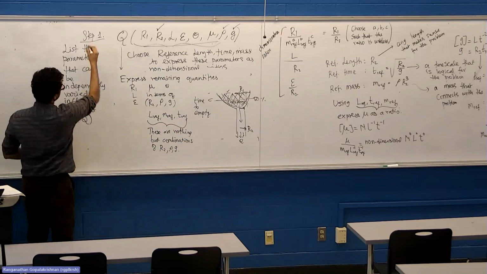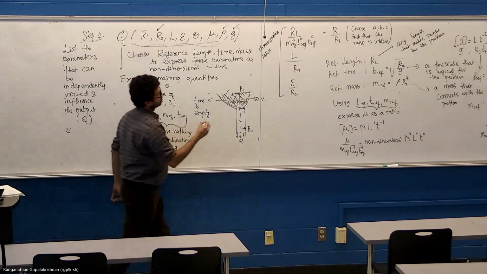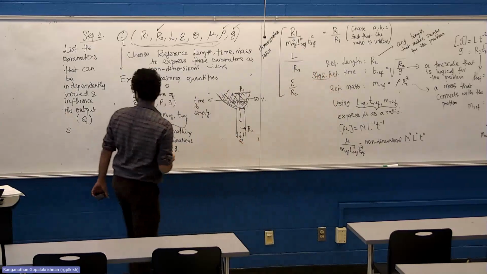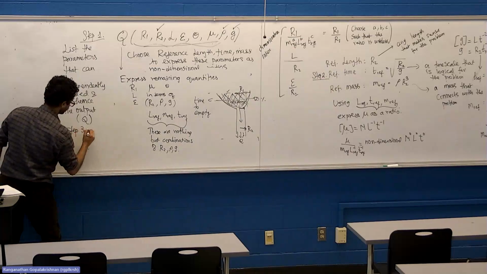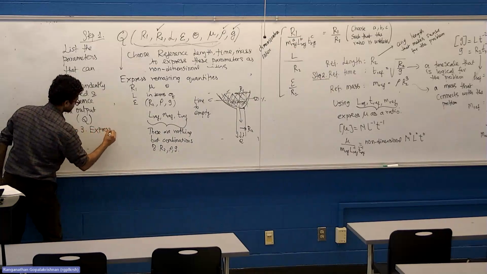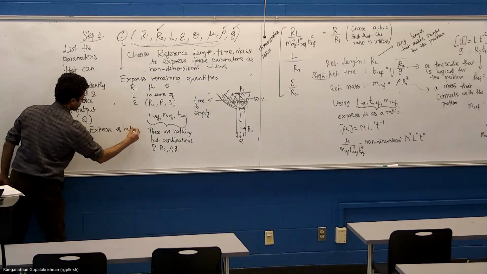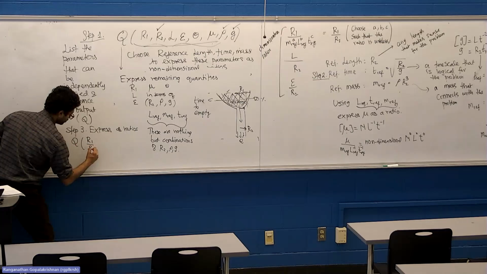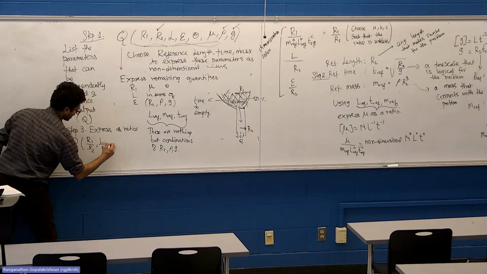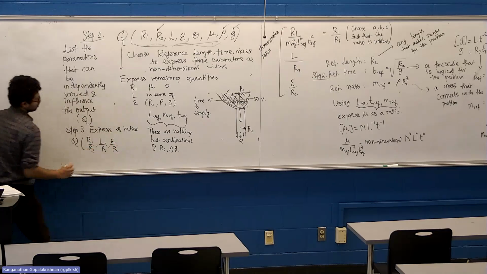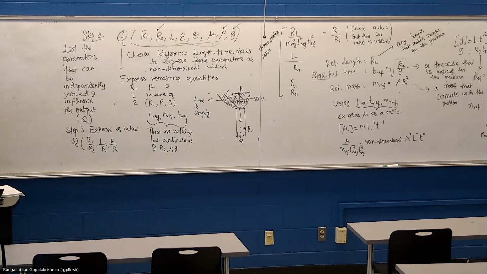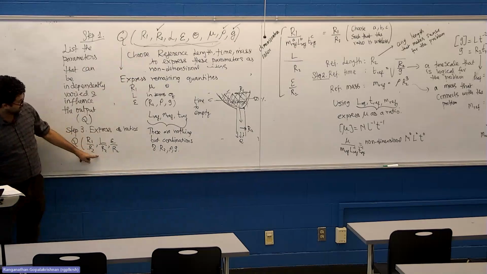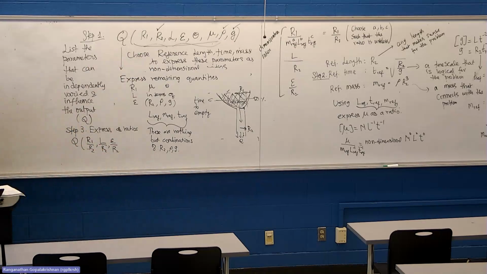Okay, so this is step one. This is step two, identifying the reference length. And then step three is expressing as ratios. So you have Q now depending on R1 over R2, L over R2, and epsilon over R2. From 8, we have at least come down to 3. There is still one more, but at least we have reduced it.